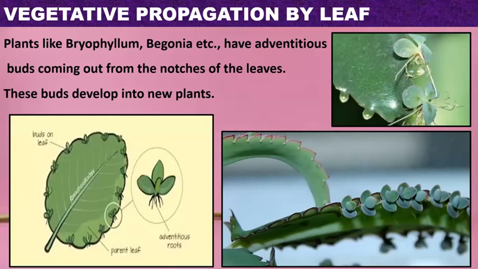Each bud gives out a new plant. For this reason, this plant of Bryophyllum is also called as sprout leaf plant. These plants have adventitious buds coming out from the notches of the leaves, and these buds develop into new plants.